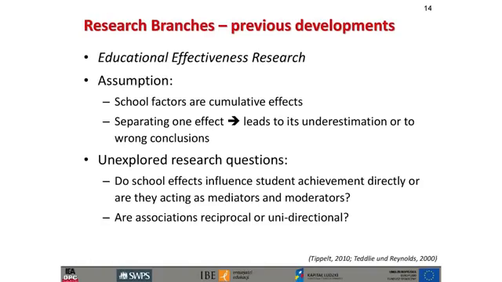So the unexplored research questions that remained within this research branch and were not answered was, for example, the question if school effects influence student achievement directly or if they act as mediators or moderators. That was an unexplored question. Also, it was not clear if the associations are reciprocal or unidirectional.